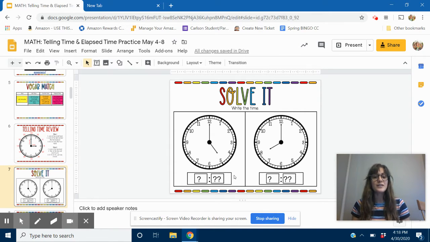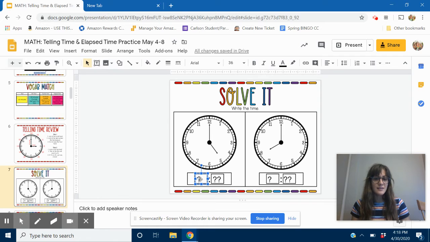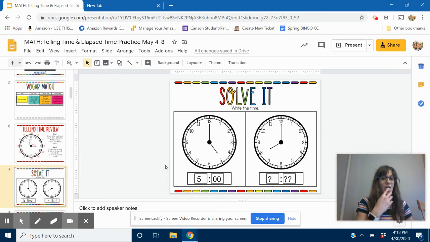And I know that it's pointing right at the 5 because the minute hand is pointing at the 12. So I know this answer is going to be, I'm going to double click in there, 5 o'clock. So to write o'clock, all I need to do is type 2 zeros, 0, 0.